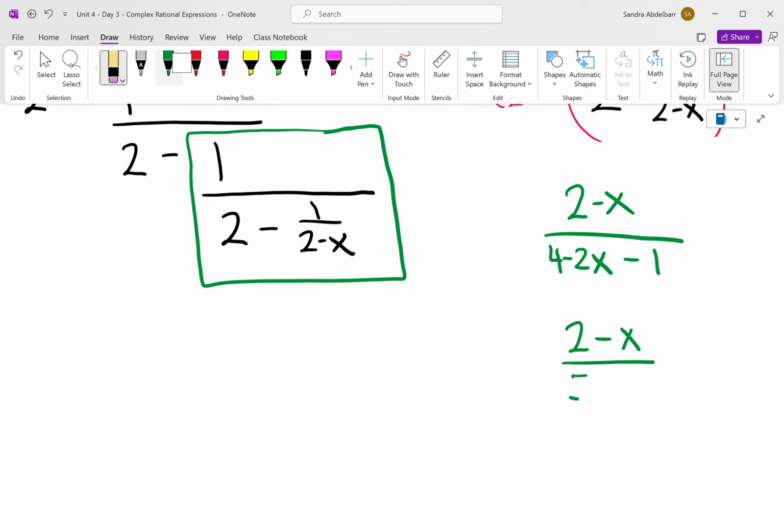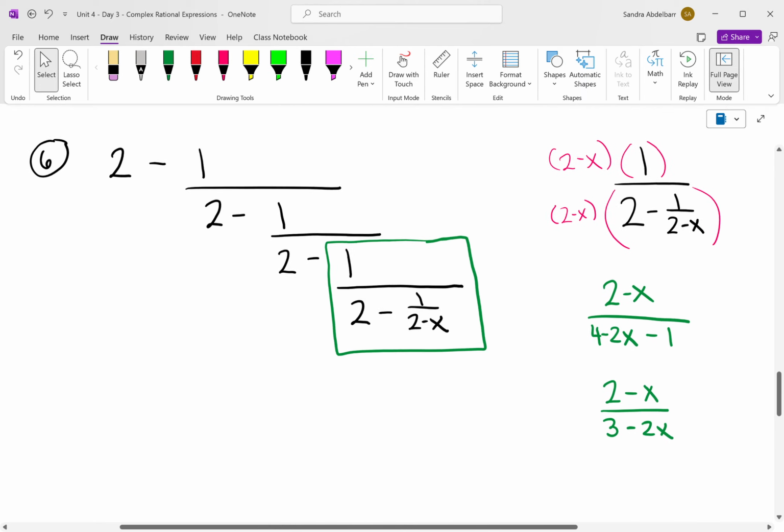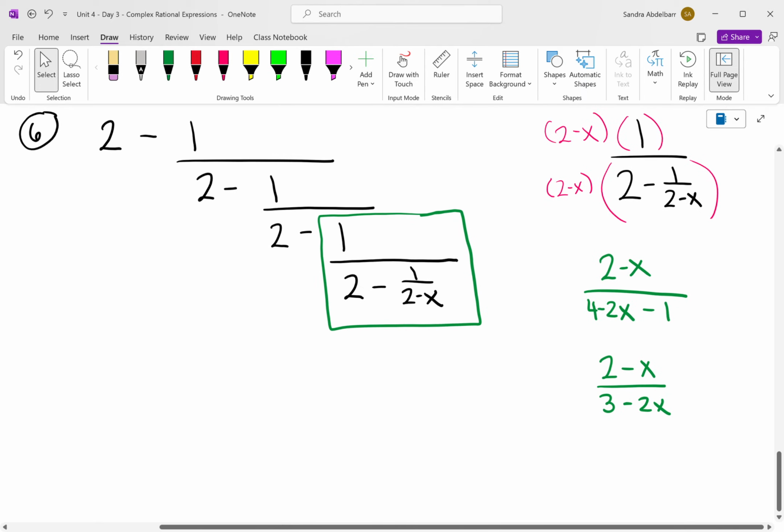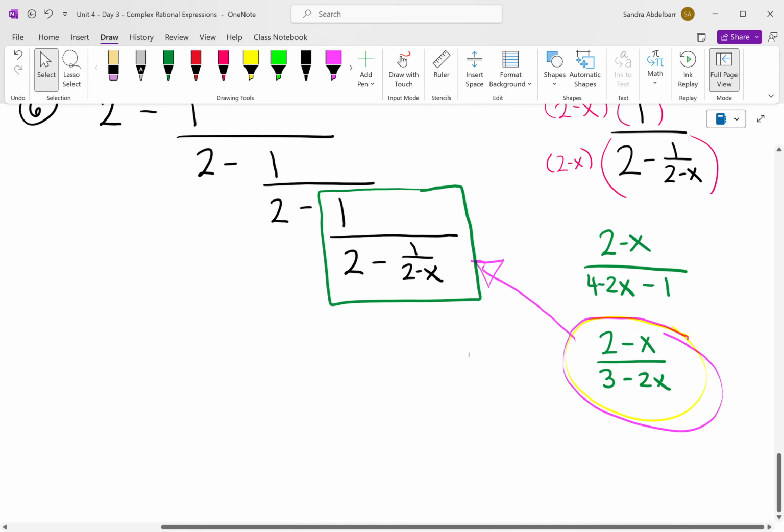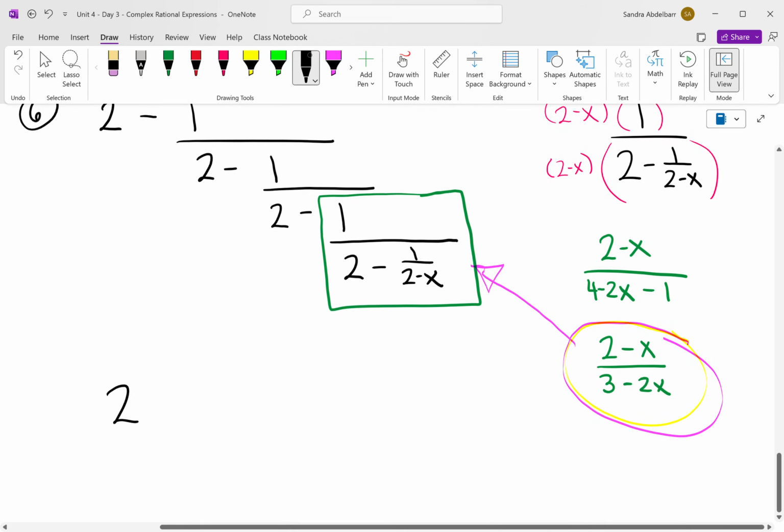This is going to be 2 minus x over 3 minus 2x. Now what I'm going to do is take this and sub it in for that box that I had just made.